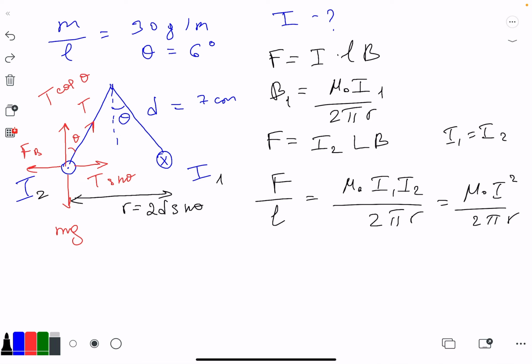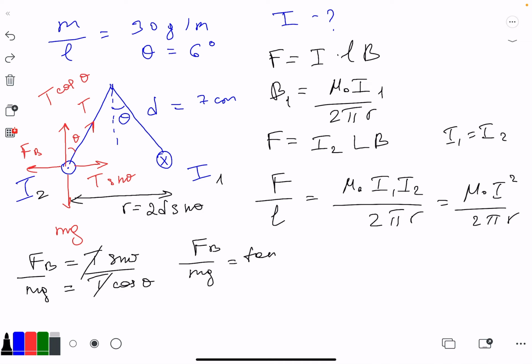What else? Moreover, we can say that FB is equal to T sine theta, and mg is equal to T cosine theta, right? So if you divide one by the other, we should get FB over mg, T will cancel out, this is equal to tangent theta, correct?